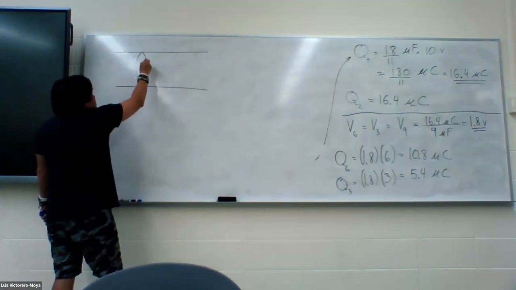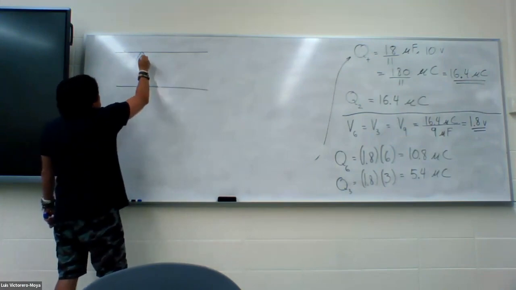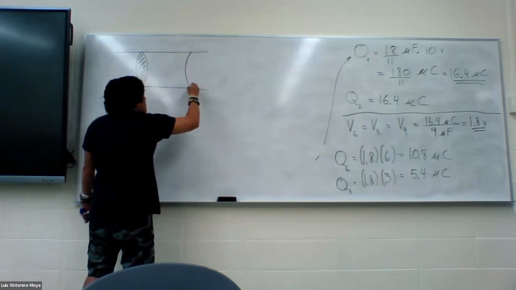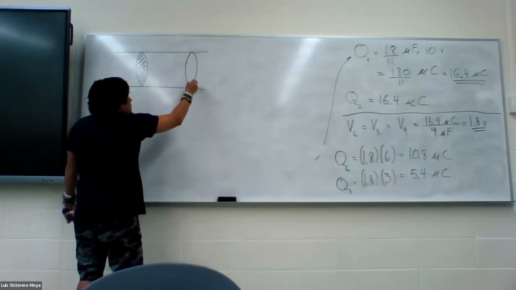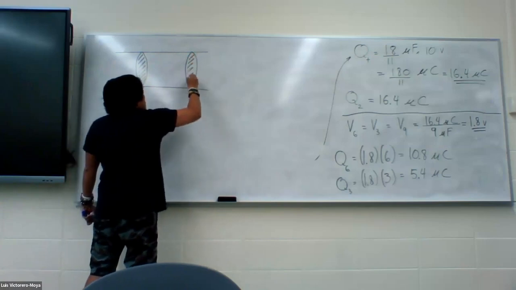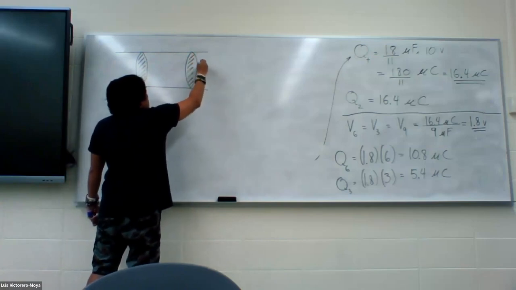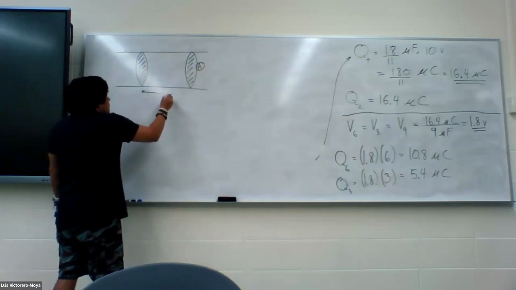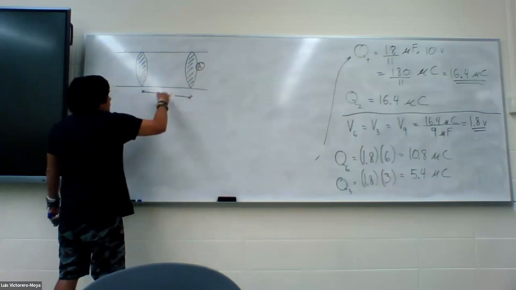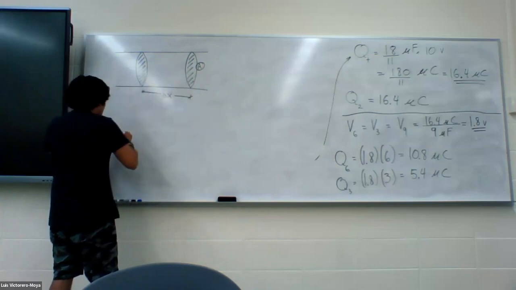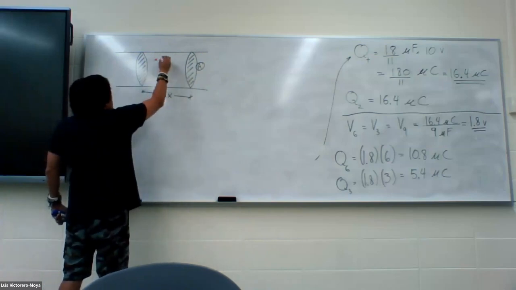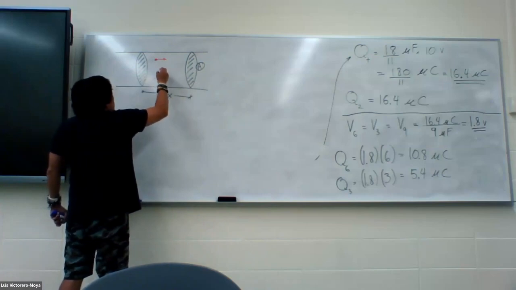You have a surface area which can be approximated to a circle, area A, some distance delta x, multiplied to give the volume. And then you have the electrons or the carriers moving from left to right.